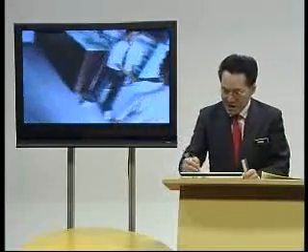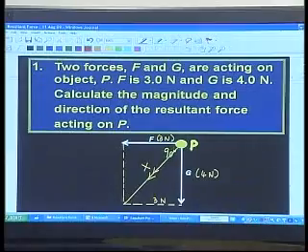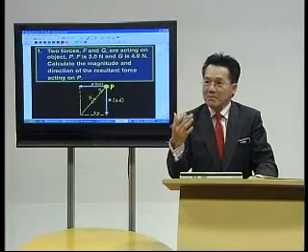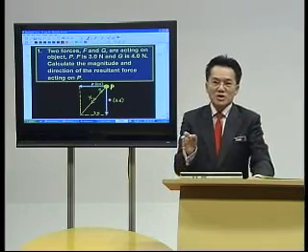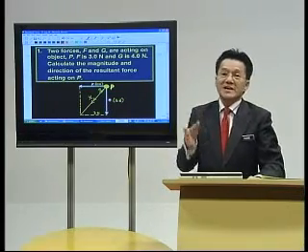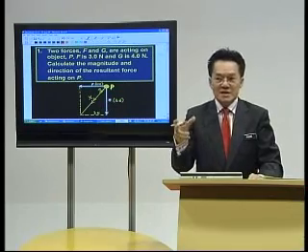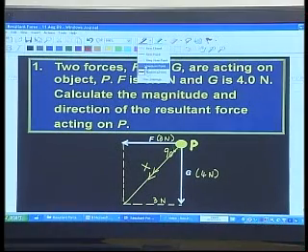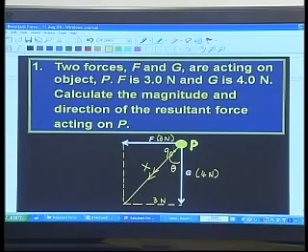Now let us go back to our question. Now that we have understood the concept, that the resultant force must be in the direction as shown by x, our job now is to calculate the magnitude of x, and also we need to calculate one more thing: the angle, the direction.